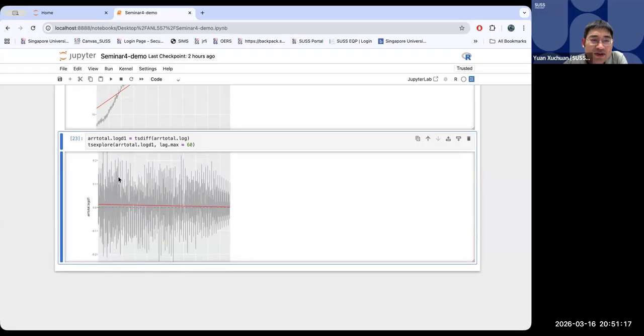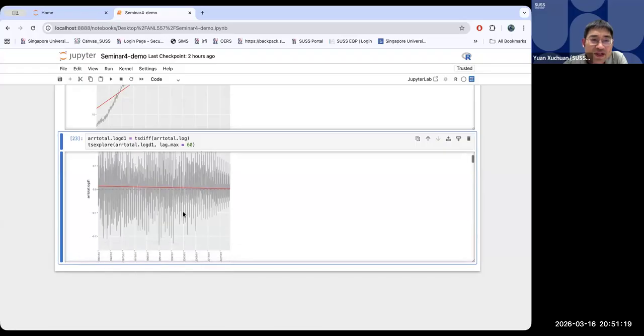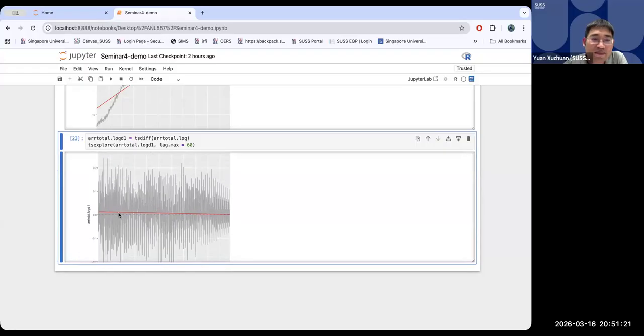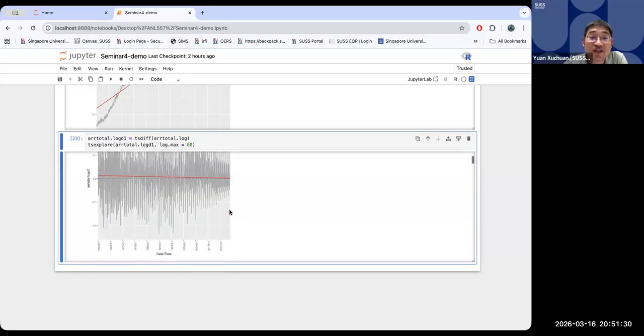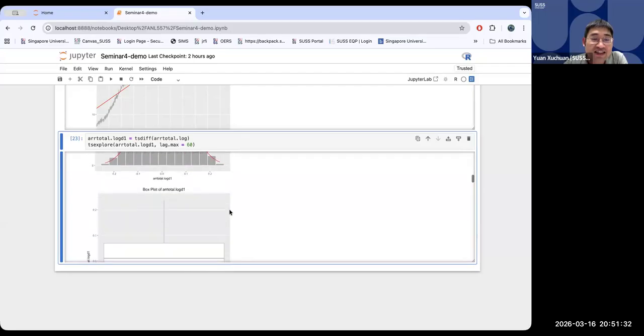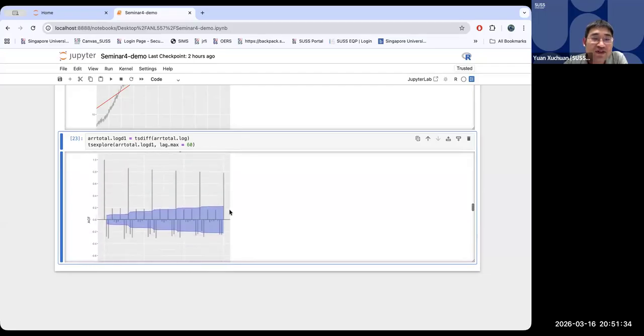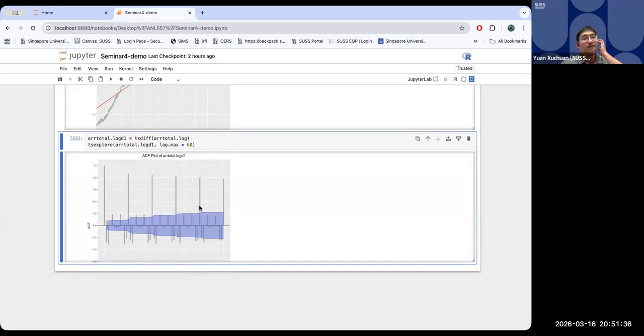For example, the variance seems okay, but the trend becomes a decreasing trend, and there's still some trend, so this is actually due to seasonalities. And if you look at the ACF and the PACF, they have spikes at certain lags.